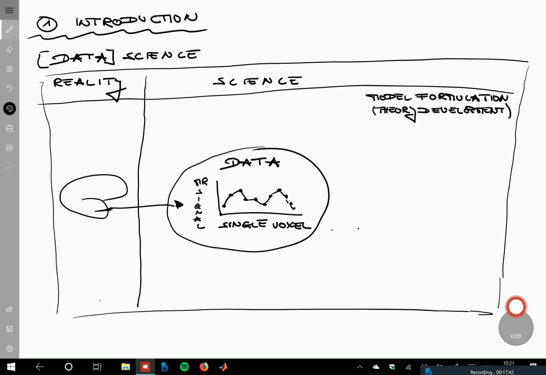Also the people that scan a lot do that, but you can do it to varying degrees. You can formalize quantitative models or just hand-wavy models, or you can formulate models in terms of RSA dissimilarity matrices. You can also call this a model. That's all fine, but that's model formulation.